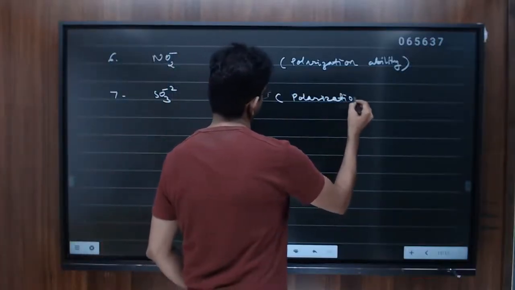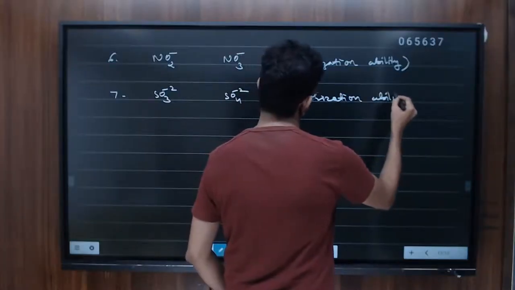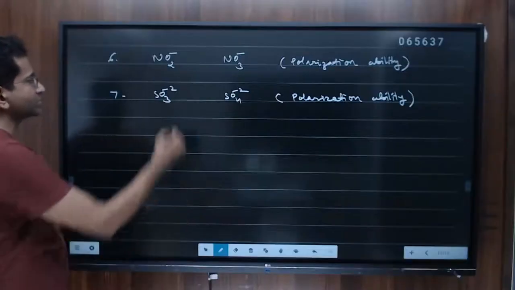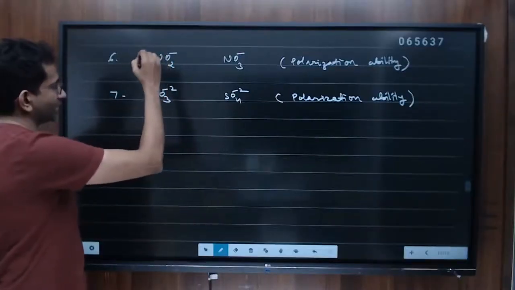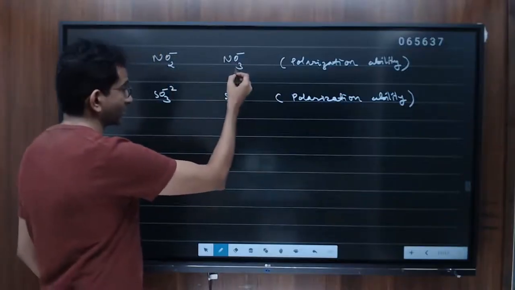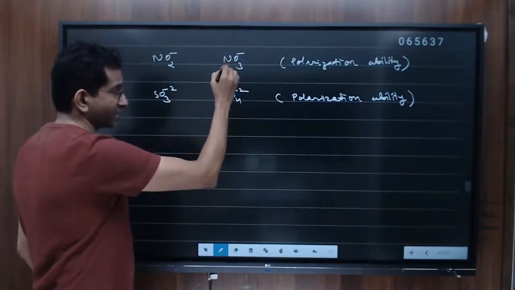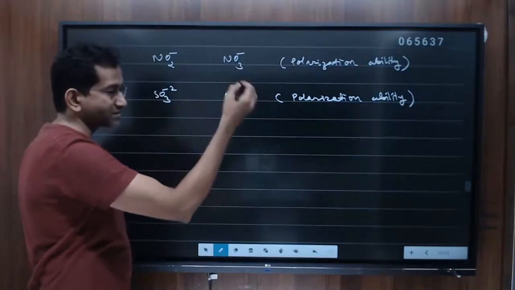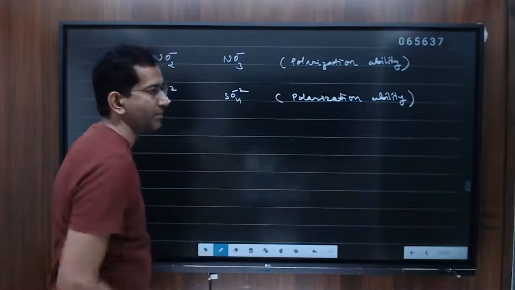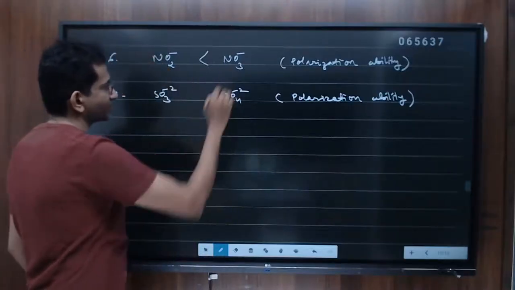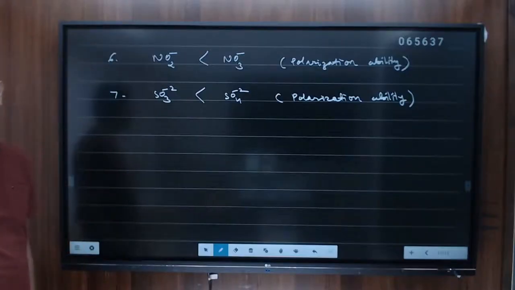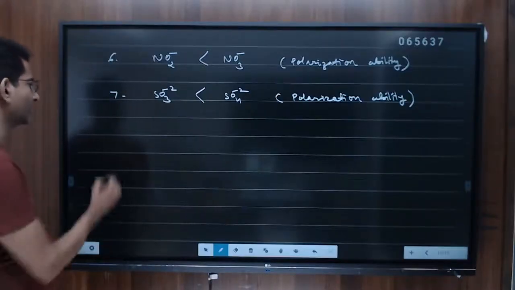Polarization ability. Now you see this NO2 minus has 1 nitrogen 2 oxygen, this has 1 nitrogen 3 oxygen. Obviously this is large in size, and anion if large in size it will allow electron cloud to be pulled by the nearby cation. So this has large polarization ability. Same is the concept over here also.